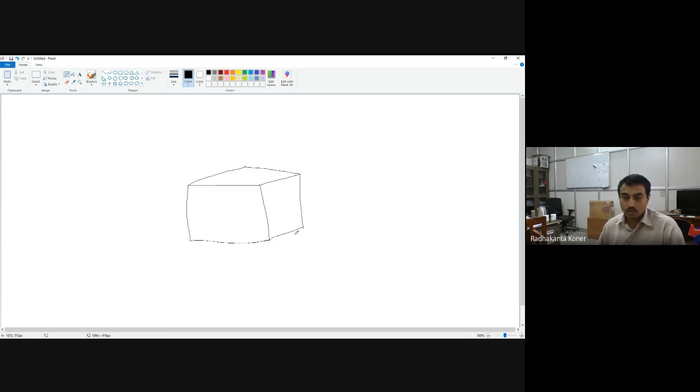Drawing is not good in that respect. There is a flow in this direction and some amount in this direction. Similarly, flow in this direction, flow out in this direction.